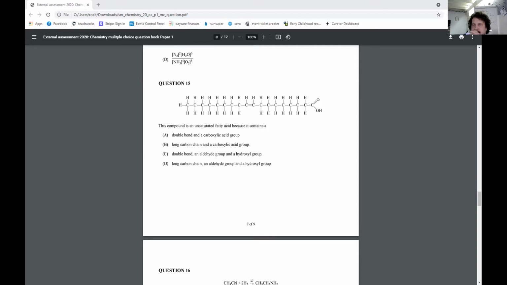So Jacob says A. So an unsaturated fatty acid has a double bond. Remember, we look back to our saturated hydrocarbons. They are completely surrounded by hydrogen, or they only have a single bond. This is an unsaturated fatty acid because it has a double bond as well as a carboxylic acid group.